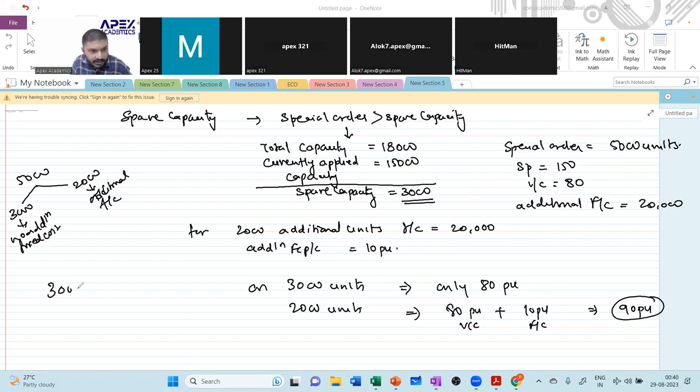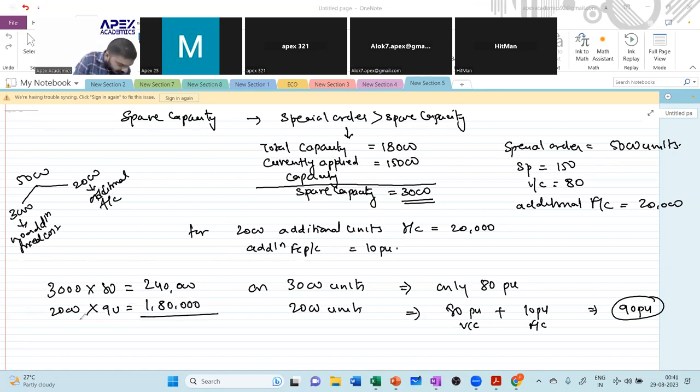So 3,000 units you will sell at 80 per unit, which gives 2,40,000. And 2,000 units you will sell at 90 per unit, which gives 1,80,000. So the total selling price will be 4,20,000 for 5,000 units.